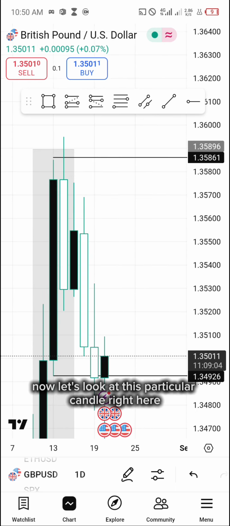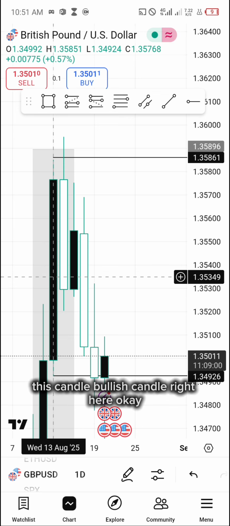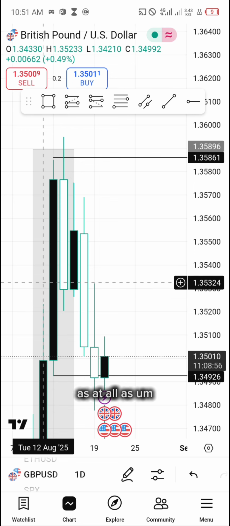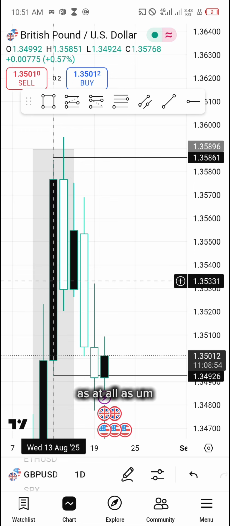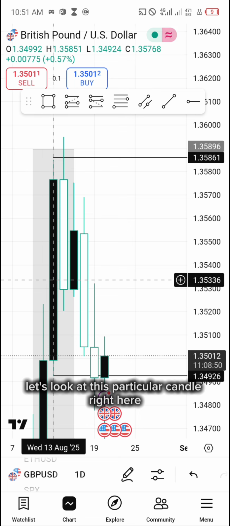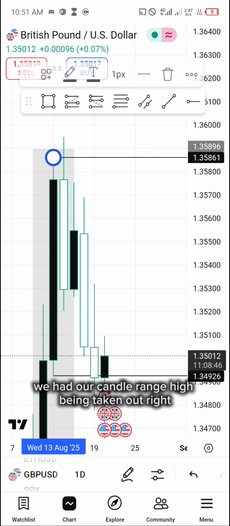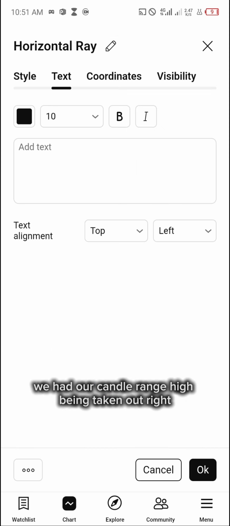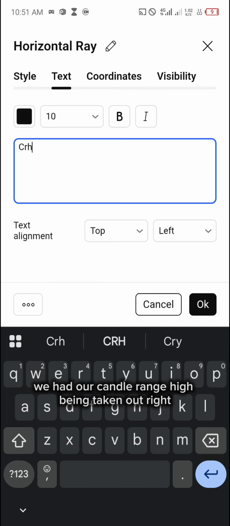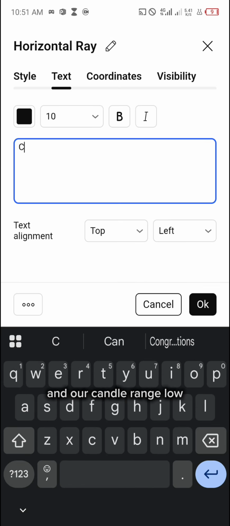Now let's look at this particular candle right here, this bullish candle. You can see that we had our candle range high being taken out, right? Our candle range high right there, and our candle range low right here.